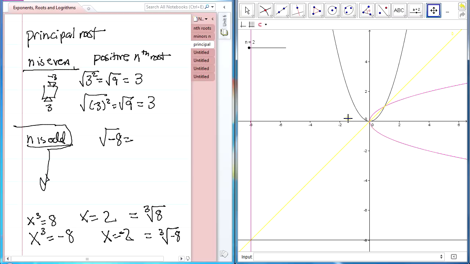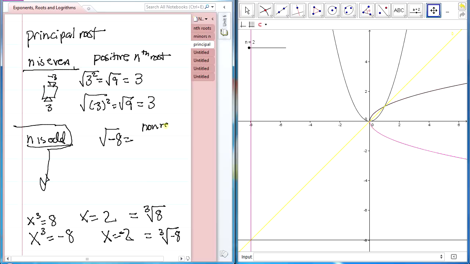There is no real answer. And therefore, when I take its inverse, and yes, this is not a function, but if I look at its y equals square root of x graph and only look at this piece, again, it never can put in negative 8. This is a non-real answer.